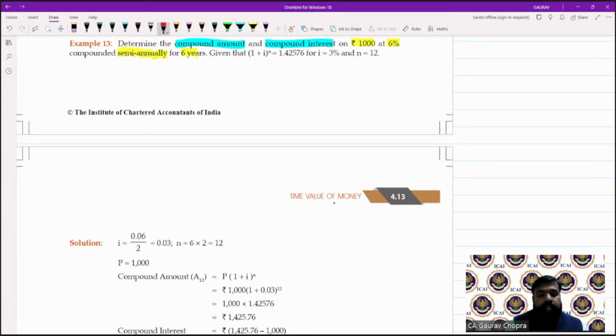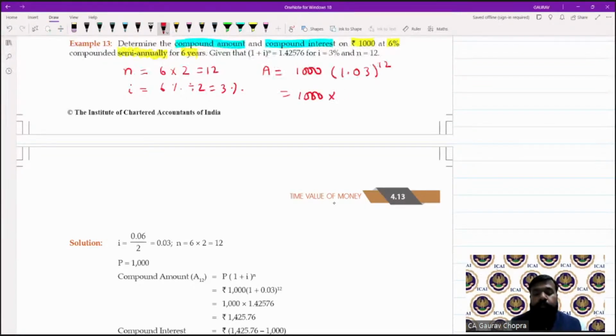So if we see the time period, that is n will be semi-annual compounding, 6 multiplied by 2, there will be 12 half years. And talking about the rate, it will be 6% divided by 2, that is 3%. Therefore, applying the formula, principal is 1000, 1.03 to the power of 12. And this figure is already given in the question.